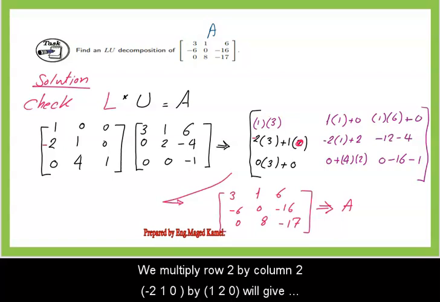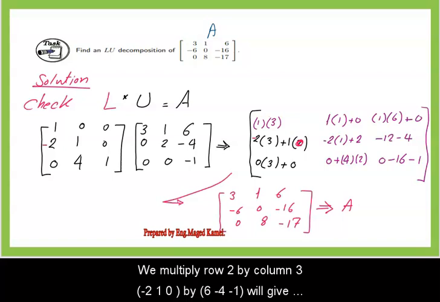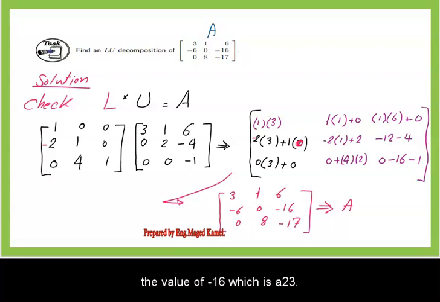We multiply row 2 by column 2. Row 2 is minus 2, 1, 0 by 1, 2, 0 will give the value of 0, which is A sub 2,2. We multiply row 2 by column 3. Row 2 is minus 2, 1, 0 by 6, -4, -1 will give us the value of minus 16, which is the value of A sub 2,3.